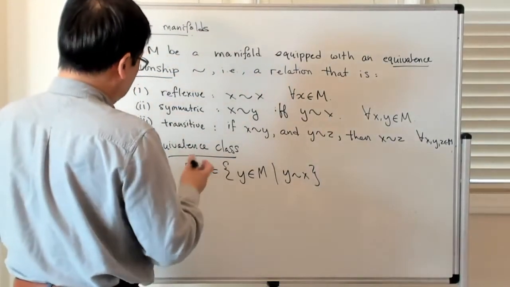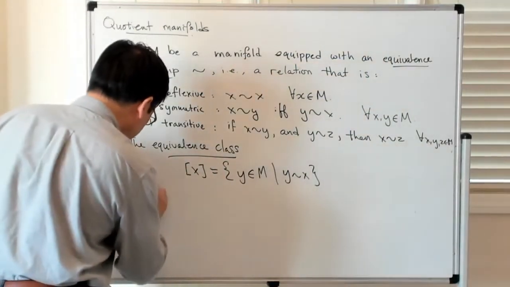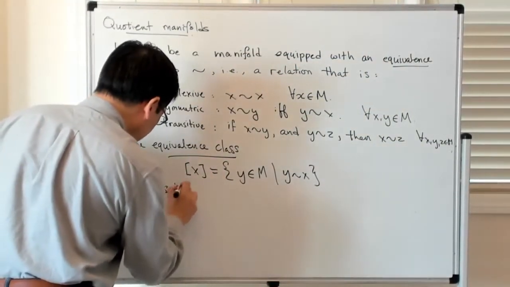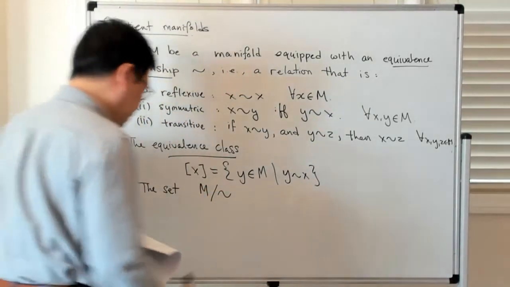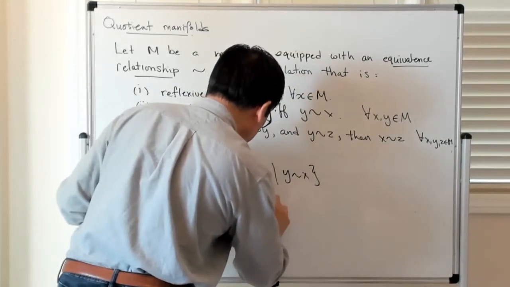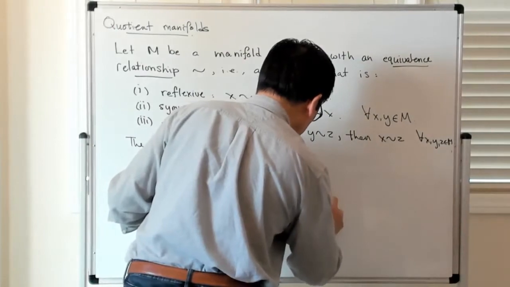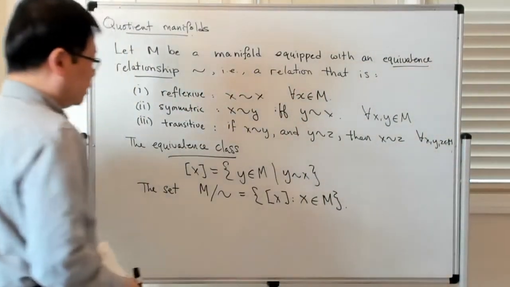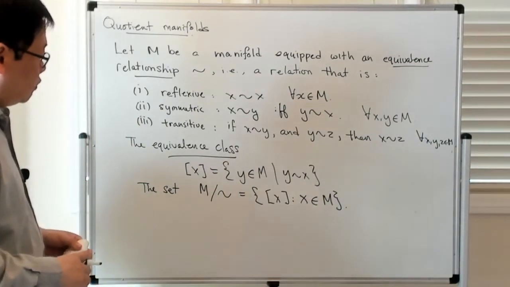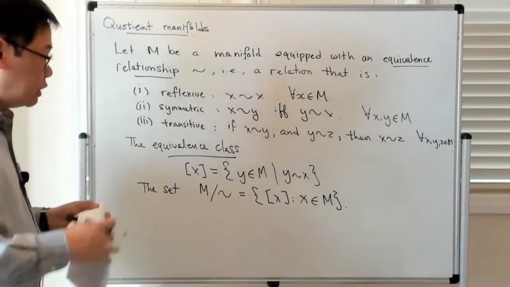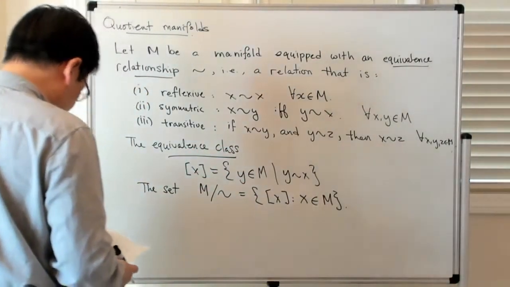With that we can now look at the set of equivalence classes. The set M quotiented by the equivalence relationship is the set of equivalence classes on the manifold. The basic idea is that an equivalence relationship essentially partitions the elements of the manifold into equivalence classes.